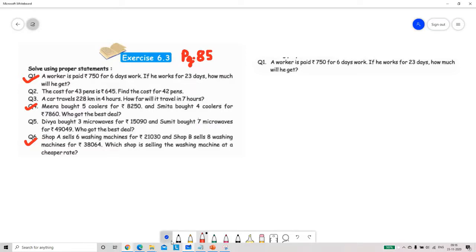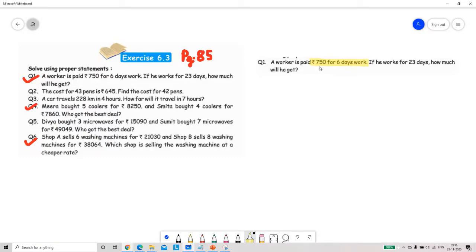Let's begin. The first question says a worker is paid rupees 750 for 6 days work. So the worker is being paid for 6 days work. He is getting 750 rupees.